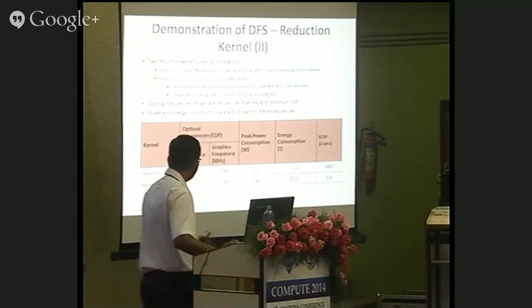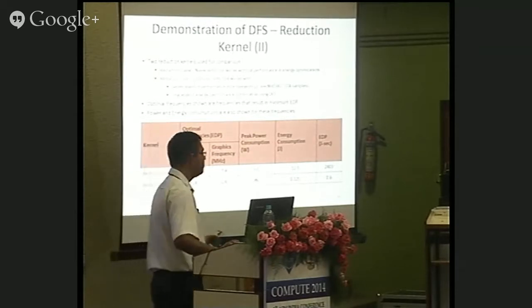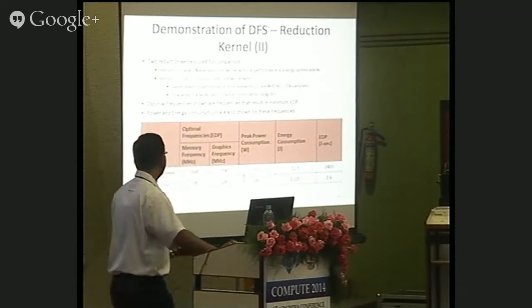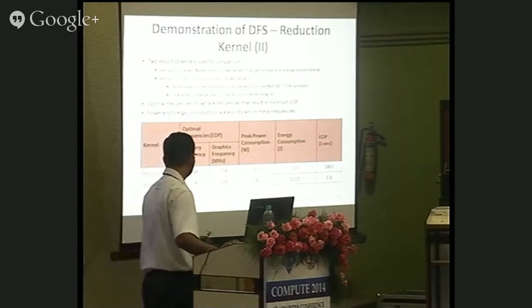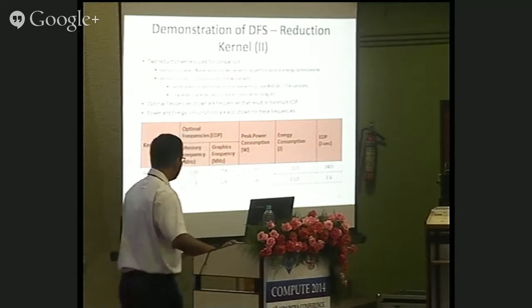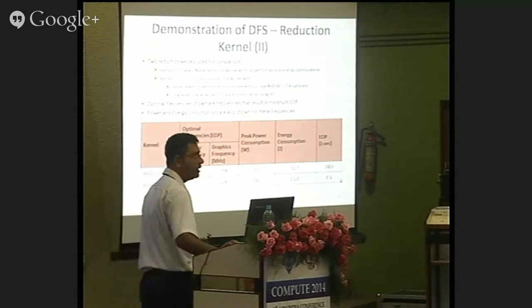Now we took the most optimized reduction kernel, to get the least power consumed by the device without hurting performance. This was done empirically, and we found that at a lower memory frequency as well as graphics core frequency, we got a peak power consumption of 26 watts. The important thing is the energy delay product: it is a significant reduction.